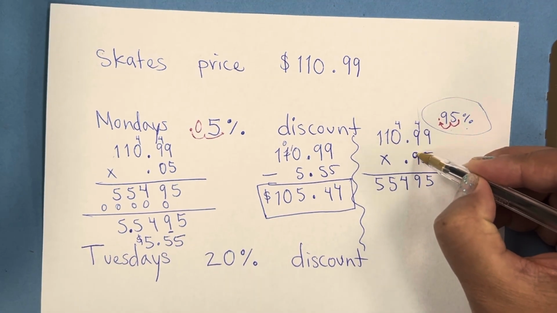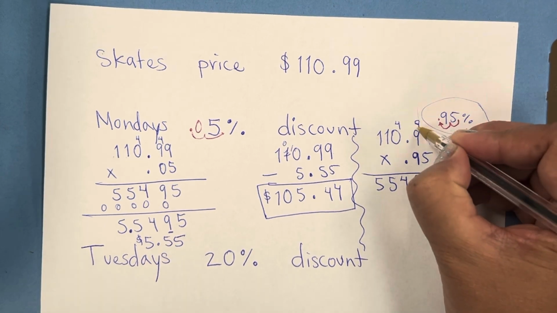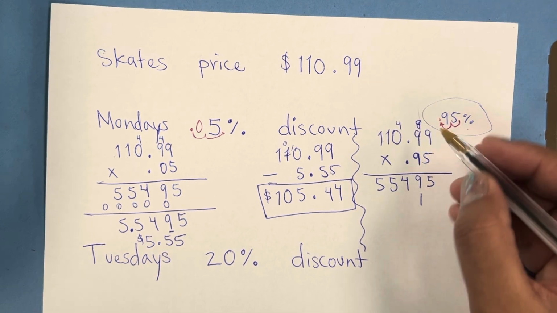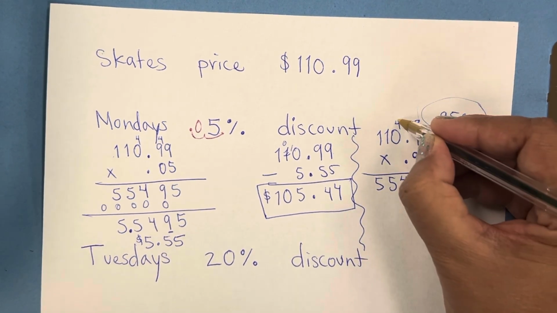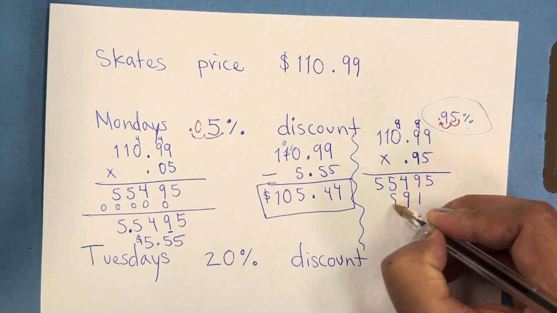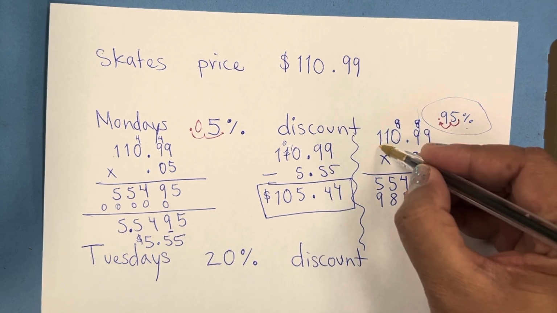Now we multiply the 9. 9 times 9 is 81, carry 8. 9 times 9 is 81, plus 8 is 89, carry 8. 9 times 0 is 0, plus 8 is 8. 9 times 1 is 9, and 9 times 1 is 9.